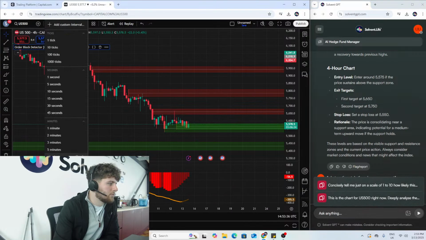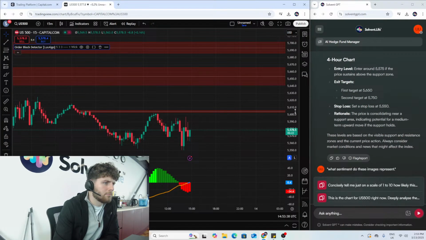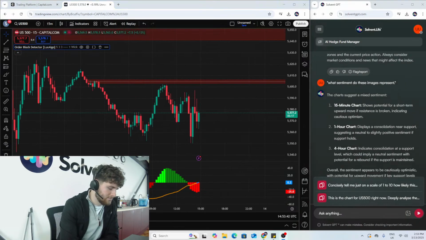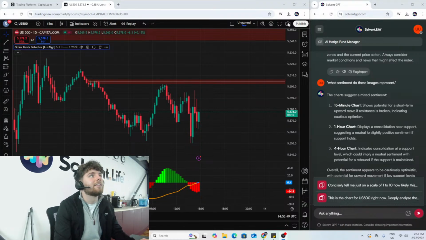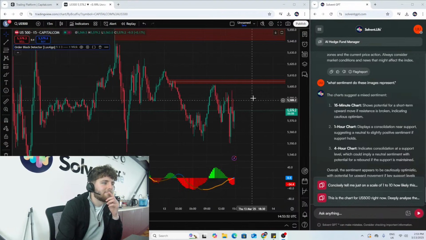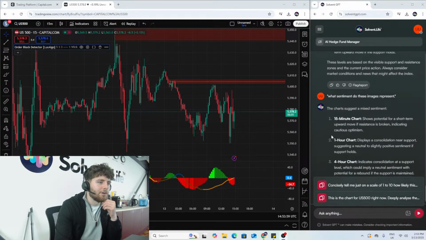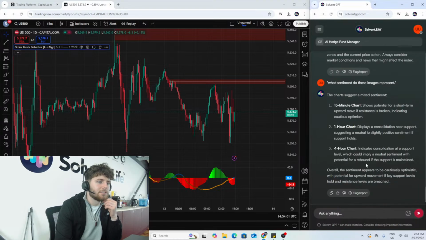Let's drop into a 15-minute perhaps. So about to breach that 5,580 mark. Potential for short-term move, upward move is resistance broken, consolidation is.